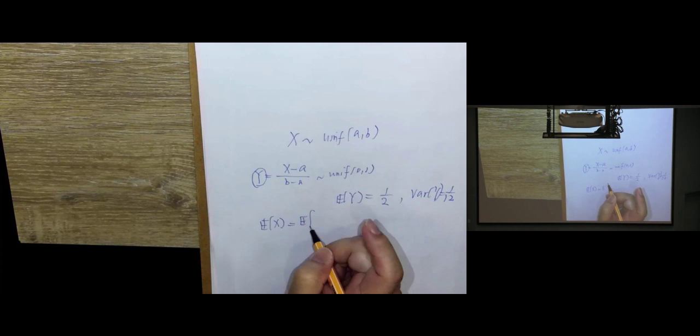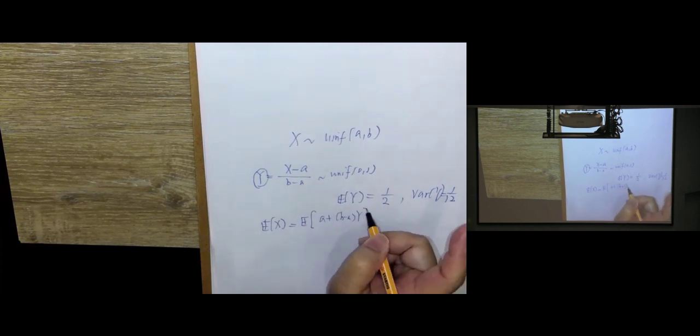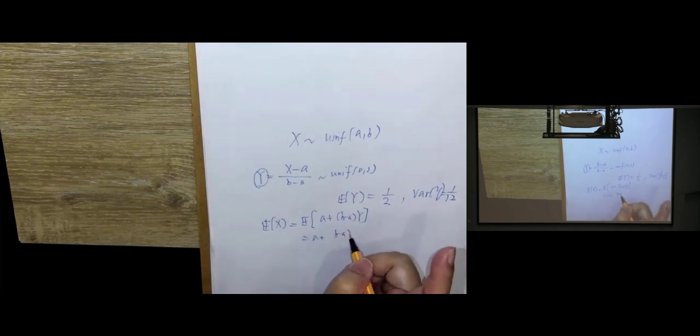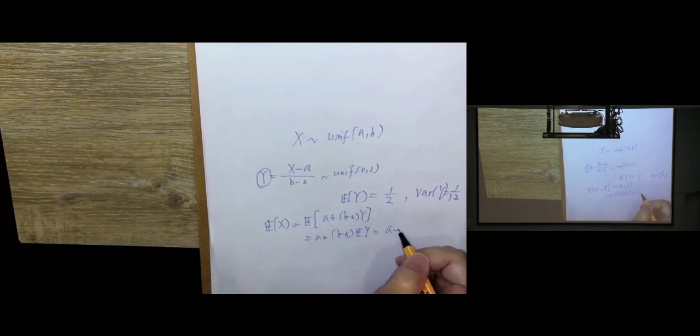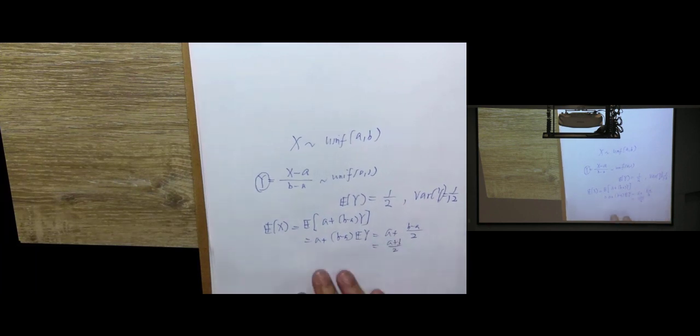This will be the same as A plus B minus A times Y, so this would be A plus B minus A times the expectation of Y. So this would be A plus B minus A over 2, and so this would be A plus B over 2.